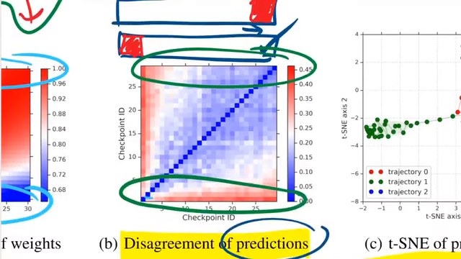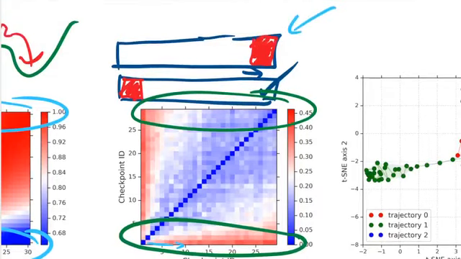Okay, here we're just going to look at one run again during training. So we can see right here at the beginning, of course, every checkpoint agrees with itself on the predictions. However, you can see that pretty quickly the checkpoints start disagreeing. Very quickly, everything is red right here. However, on the top, you can see how much these checkpoints agree with the end, with the 30th epoch checkpoint.